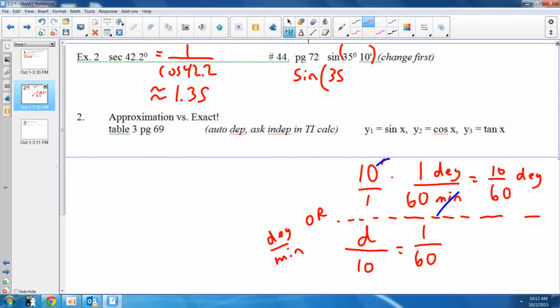Degrees over minutes equals degrees over minutes, cross multiply, and solve, and you're going to get d is equal to 10 over 60.